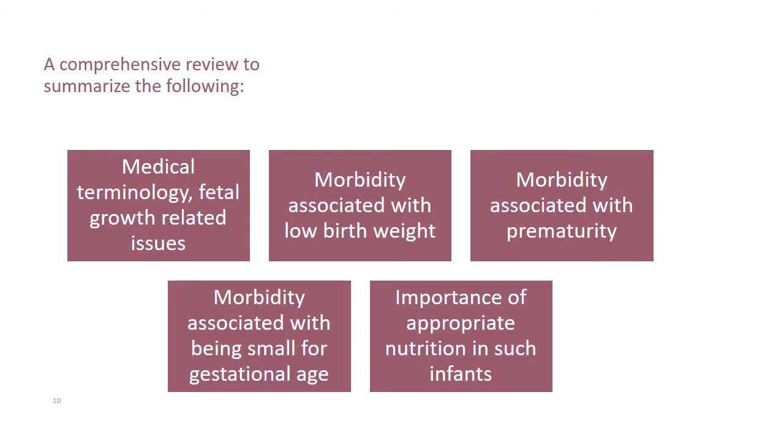And just to point out that going forward, the abbreviations LBW will be used for low birth weight and SGA for small for gestational age. So again, the articles themselves and a summary by the presenter herself found that the main purpose of this particular article was firstly to provide a review and secondly to summarize issues related to these 5 named points.